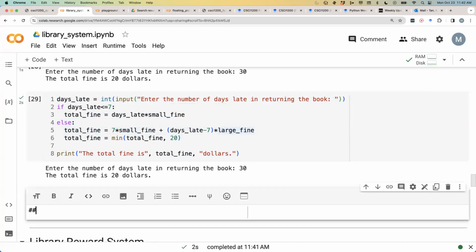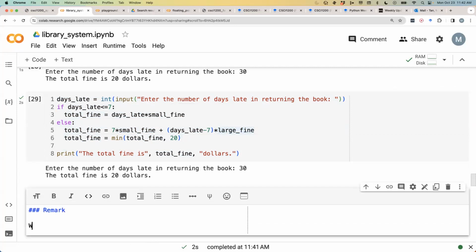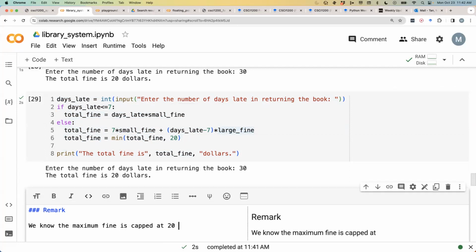So remark here, we know the maximum fine is capped at $20.